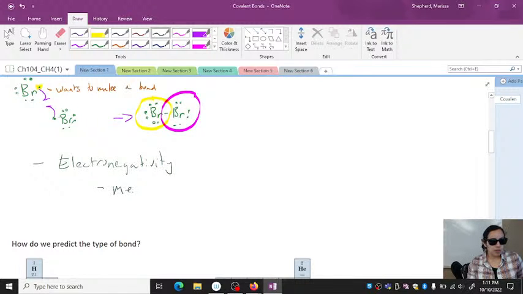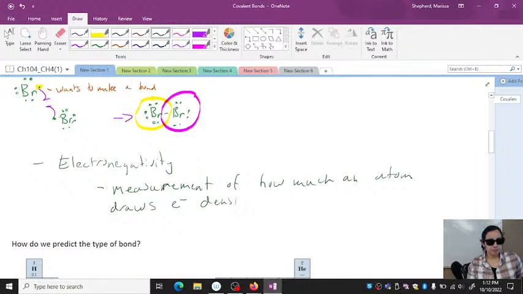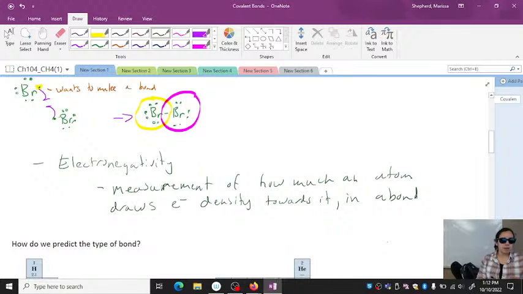So basically a measurement of how much an atom draws electron density towards it. Again, that's key, is that it's in a bond.